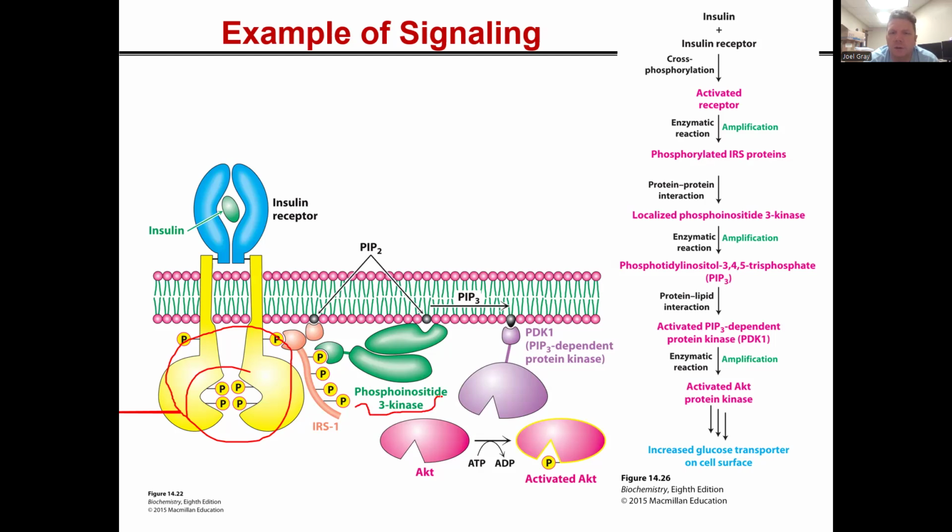That phosphoinositide 3 kinase is going to put together a molecule known as phosphatidylinositol 3,4,5 triphosphate, or PIP3. That PIP3 is going to activate this protein complex, PDK1, which is phosphatidylinositol dependent kinase 1, or PIP3 dependent protein kinase.